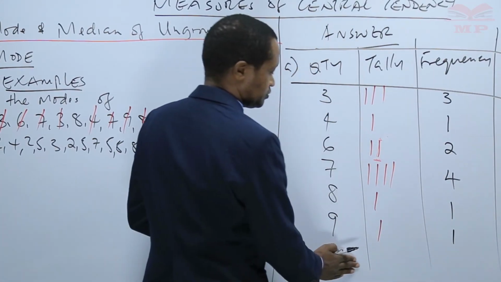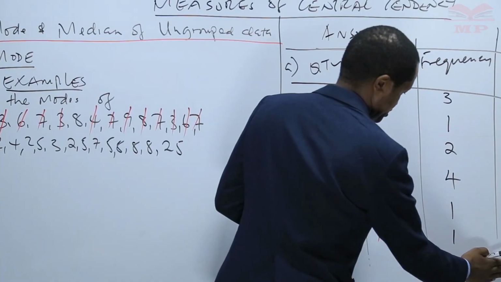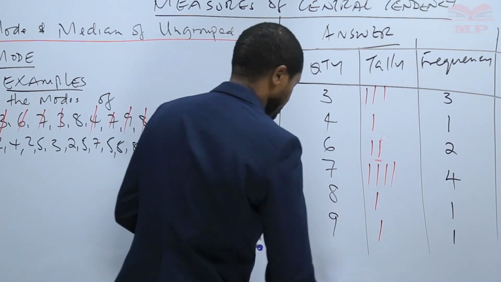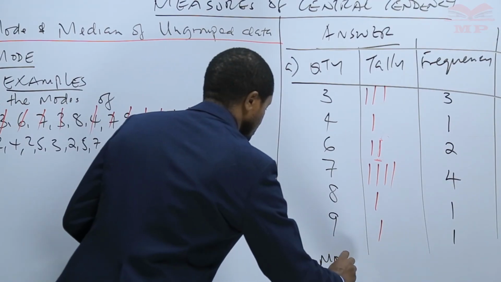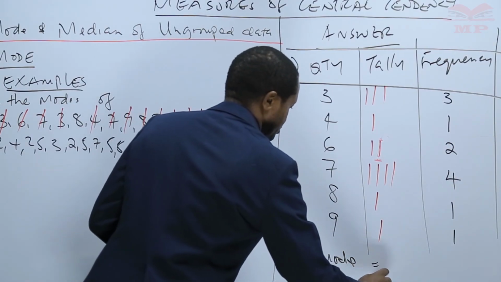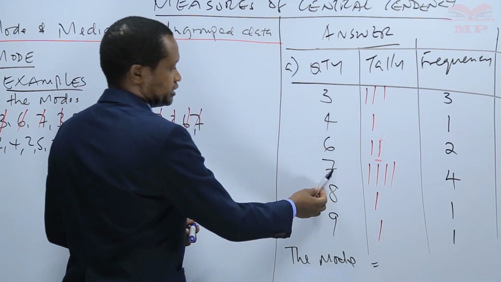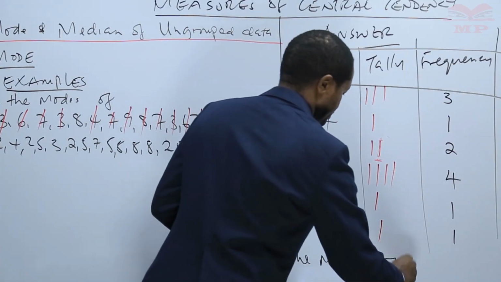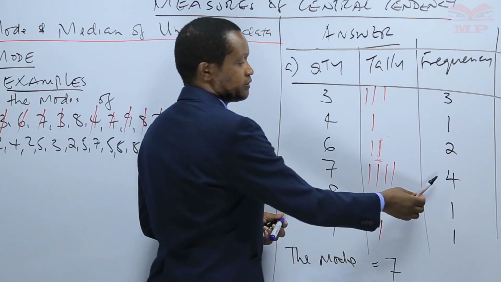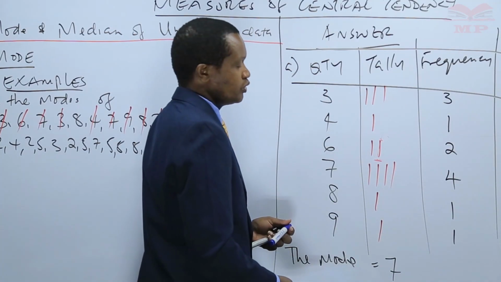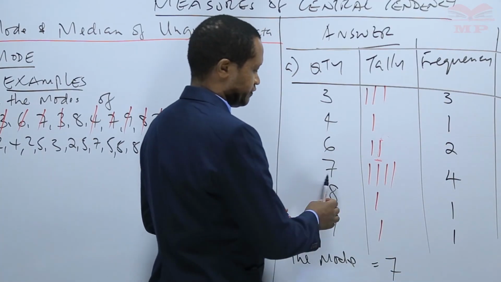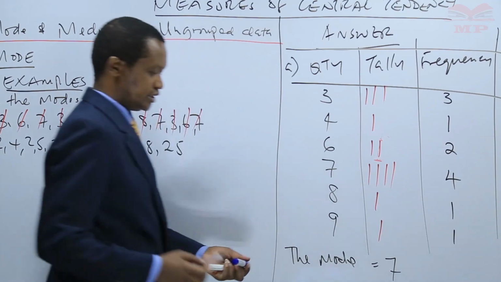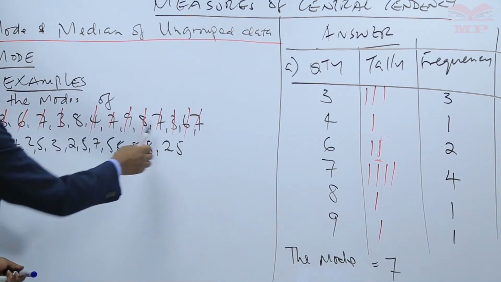So the mode here is equal to 7. You can see here 7 occurs most of the time, 4 times. So 7 is the mode of this data.